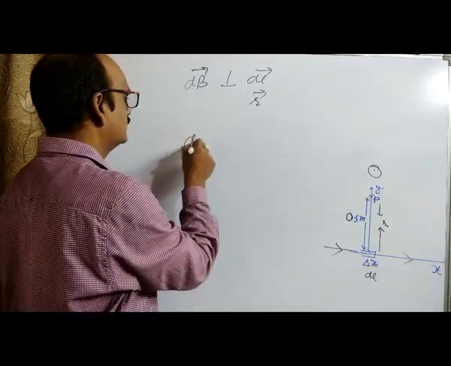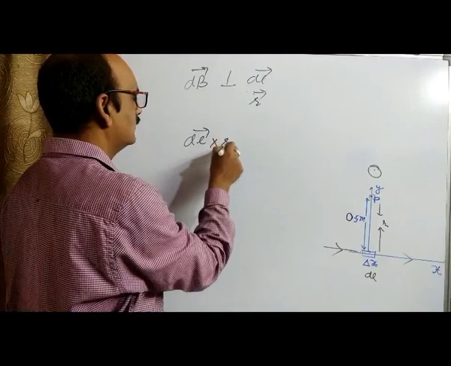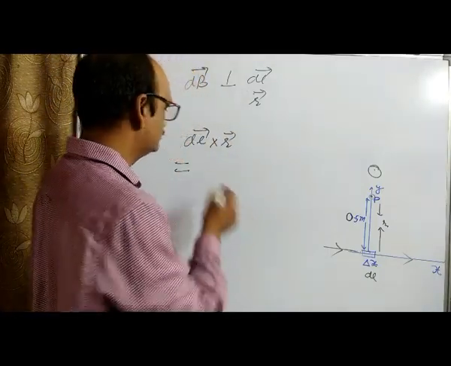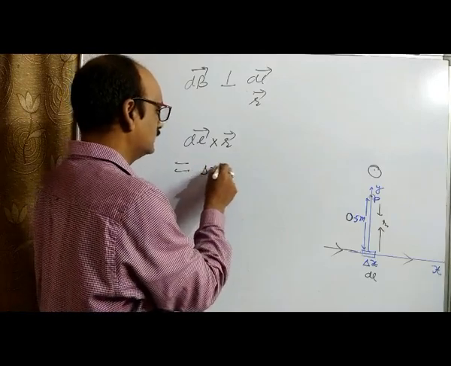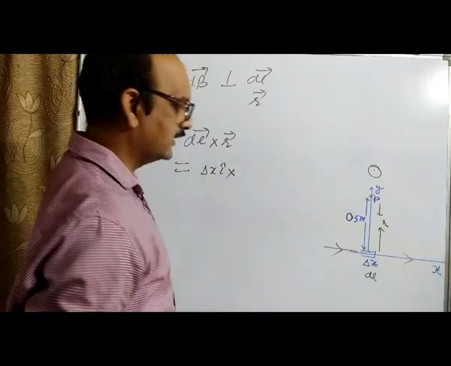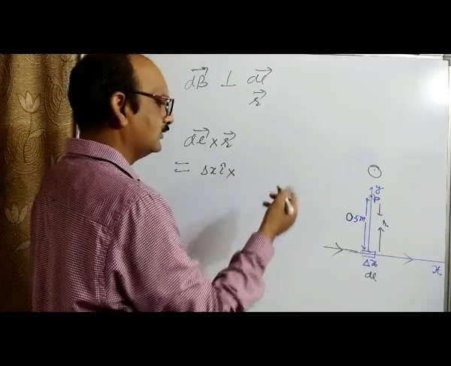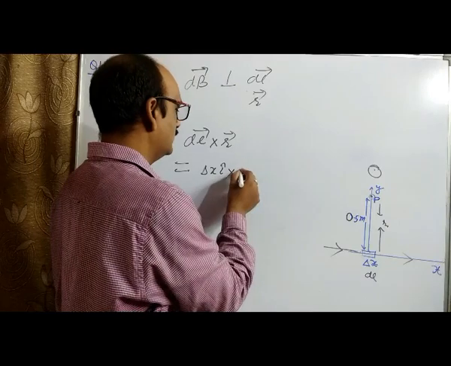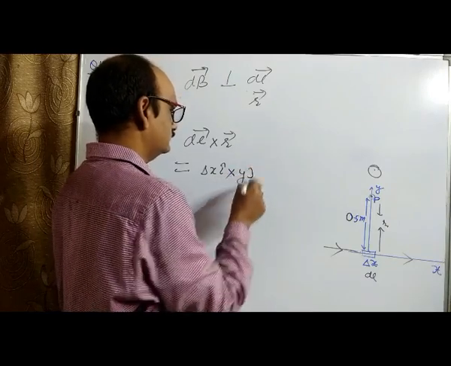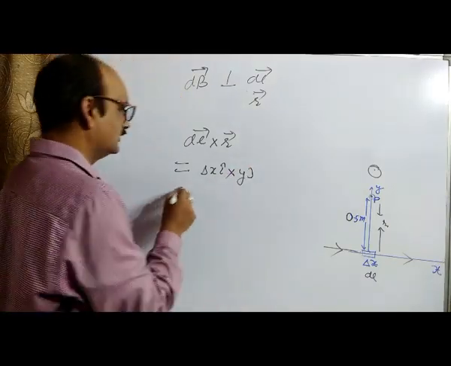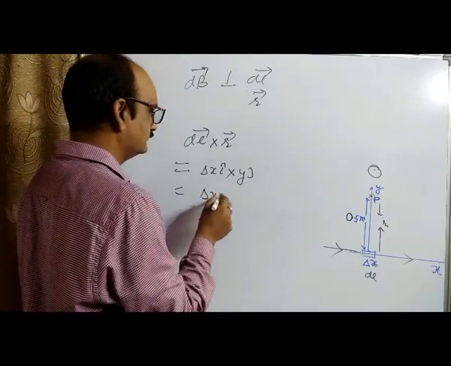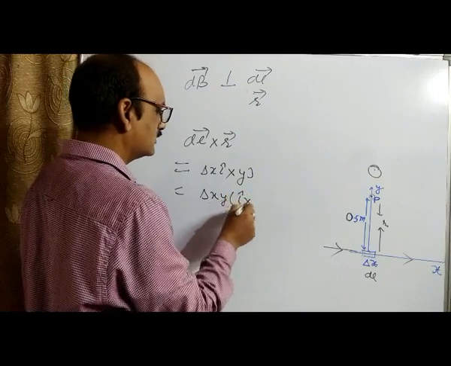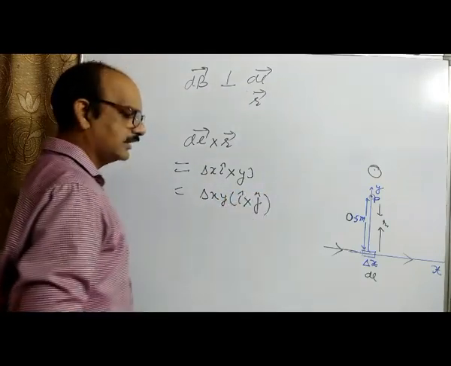That is dl cross r equal to delta x i cap, dl along x-axis, and r along y-axis, that is y j cap, cross.